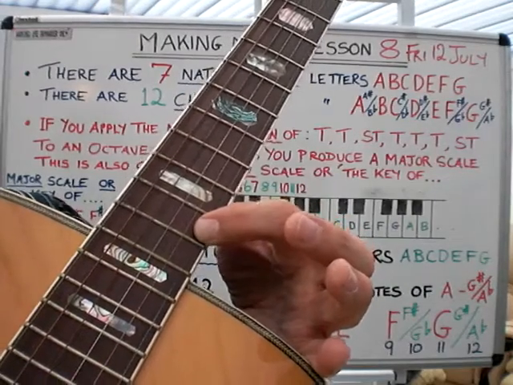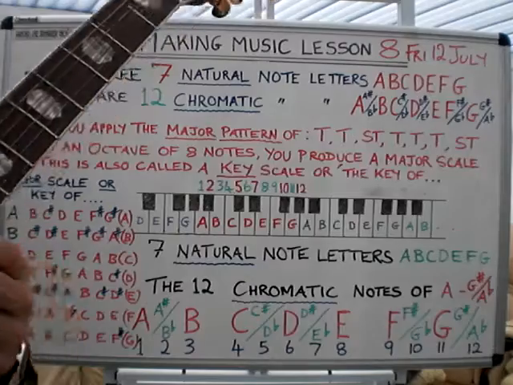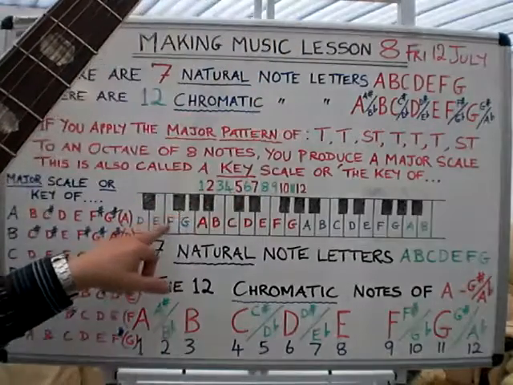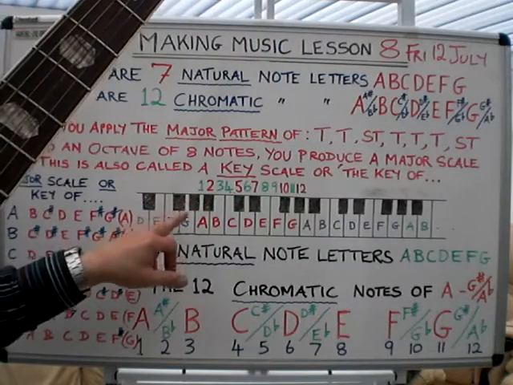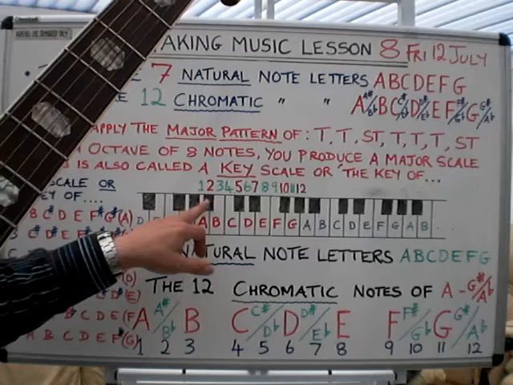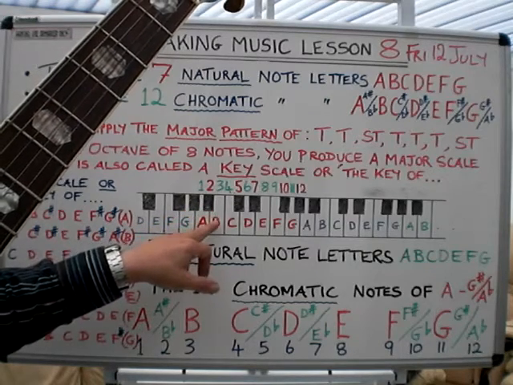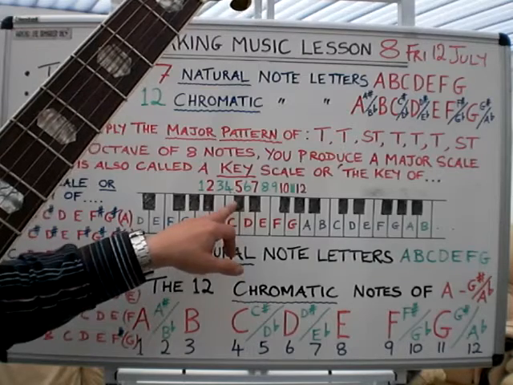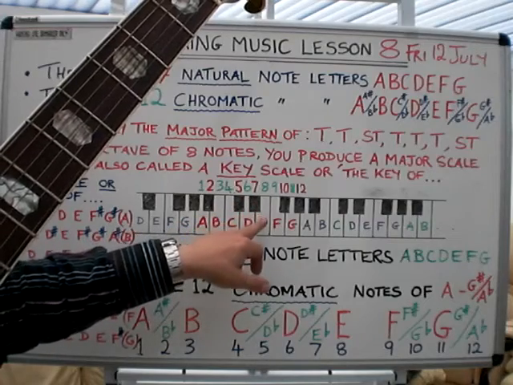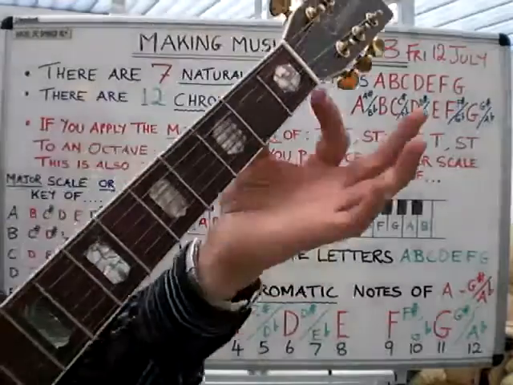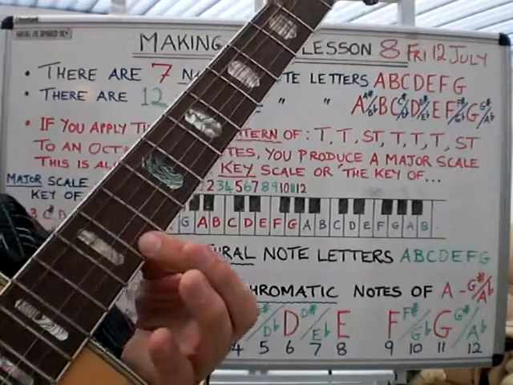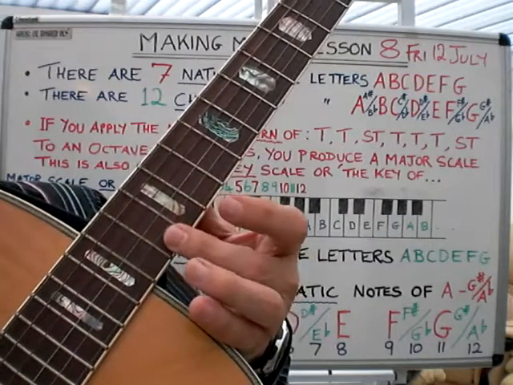Next one here we're back round to the octave of F. So we've just done from here, when I pressed it down, F, F sharp or G flat, G, G sharp or A flat, A sharp, B flat, B, C, C sharp or D flat, D, D sharp or E flat, E, F. That's what that was. 1, 2, 3, 4, 5, 6, 7, 8, 9, 10, 11, 12 and then back to another F.